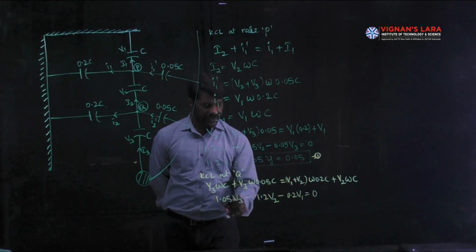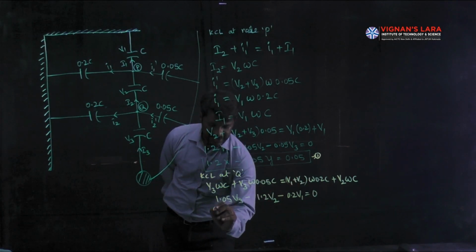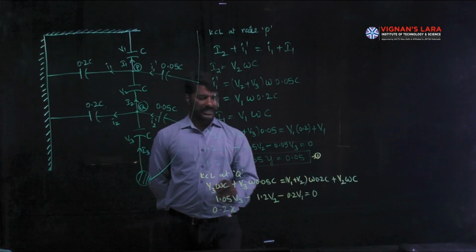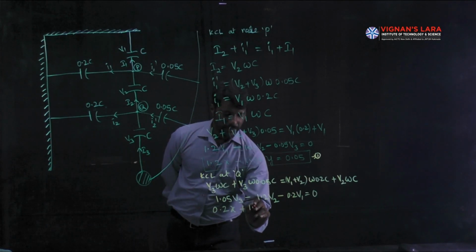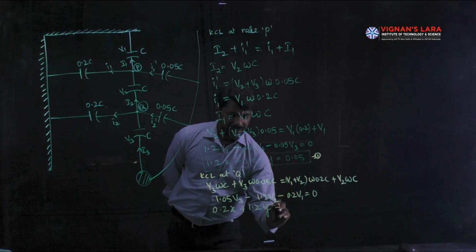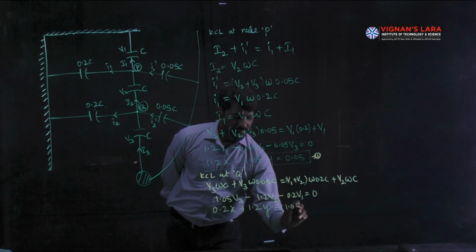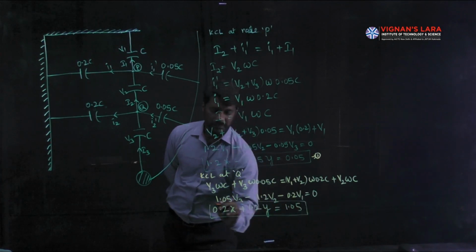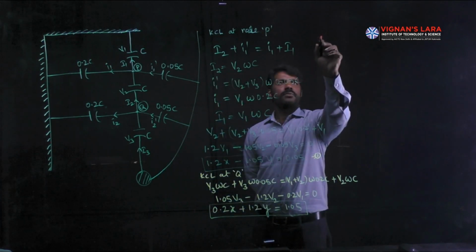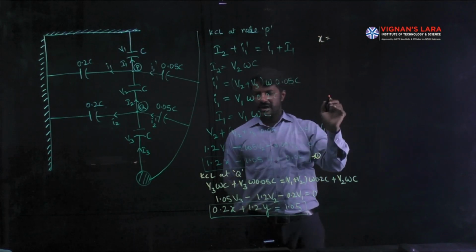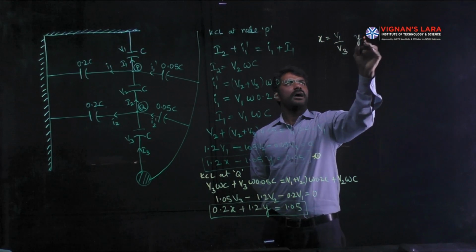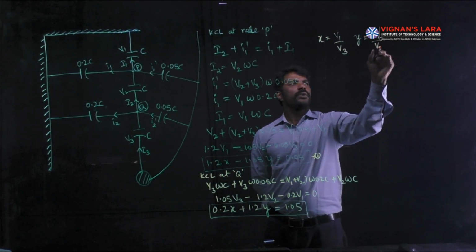Dividing by V3, I will get this equation as 0.2x plus 1.2y is equal to 1.05, our second equation, where small x is equal to V1 by V3 and small y is equal to V2 by V3.